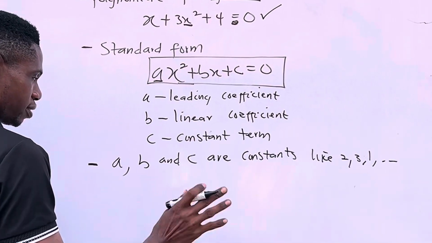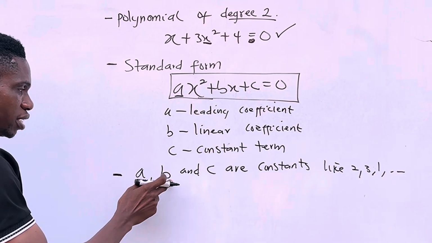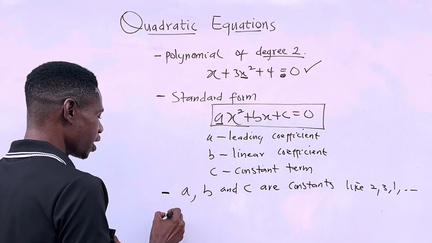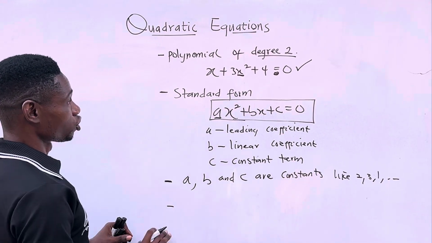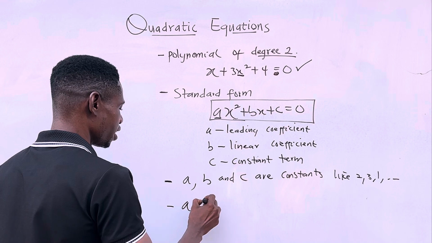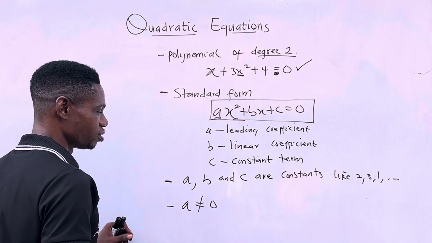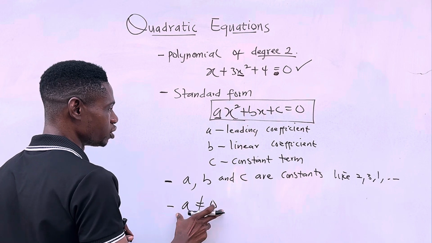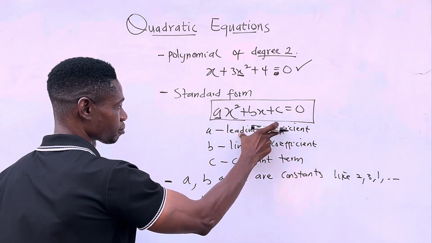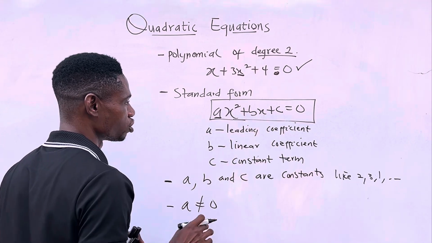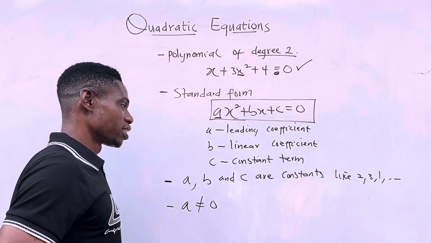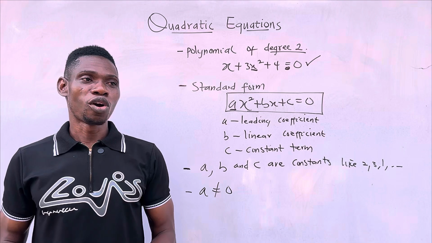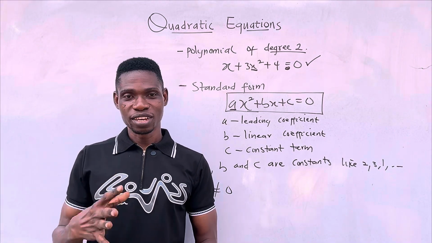Another thing to note is that a is not equal to 0. So a cannot be 0. Once a, the leading coefficient, is 0, that equation is no longer quadratic. Okay? So with all of these, I've described what we call a quadratic equation.